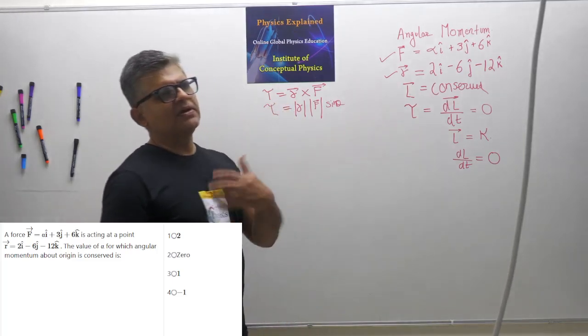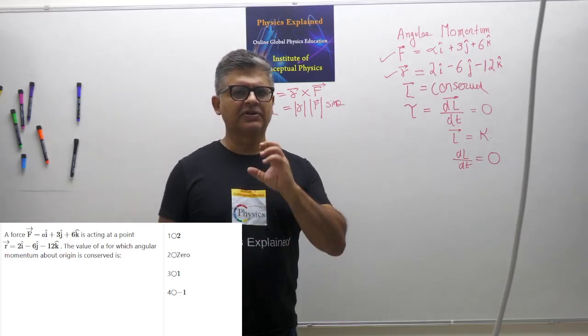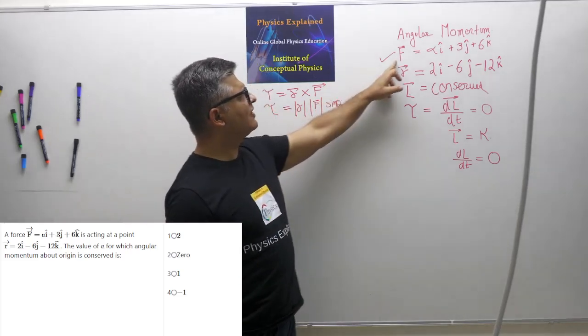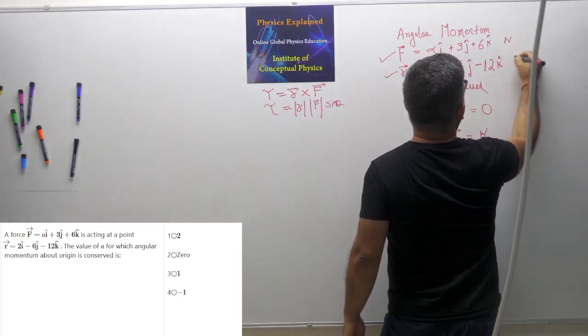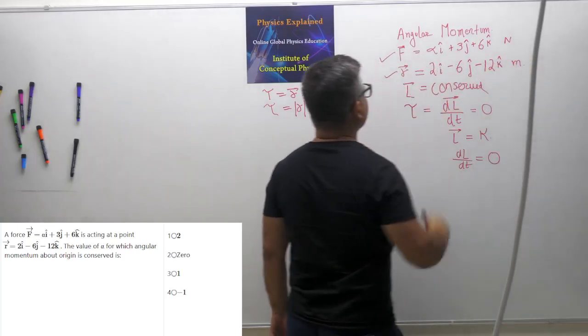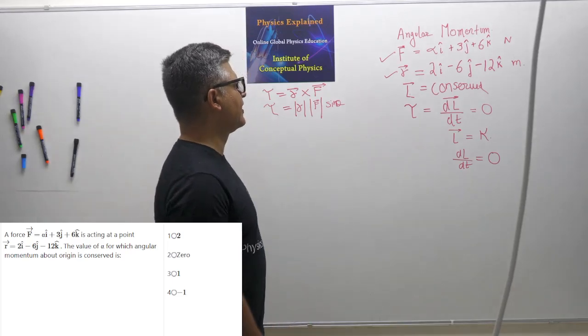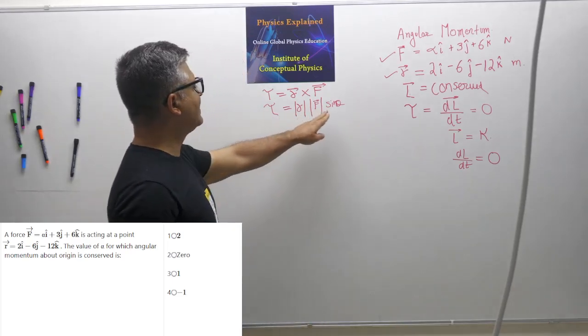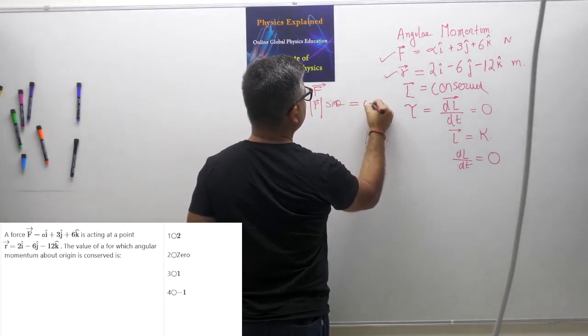This is a kind of refresher for you when it comes to angular momentum. We are given F, the force in Newton, and we're also aware of the position vector where the body is located. If I were to apply this, I am saying this is equal to 0.